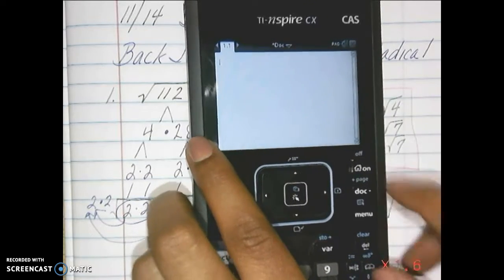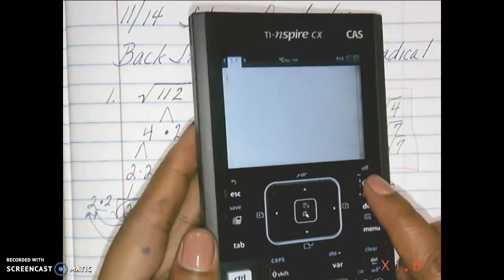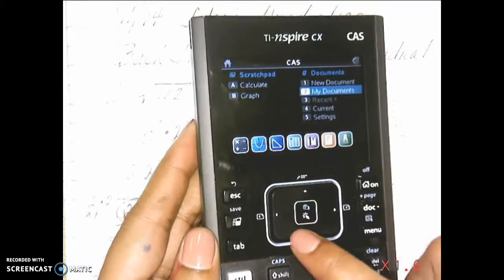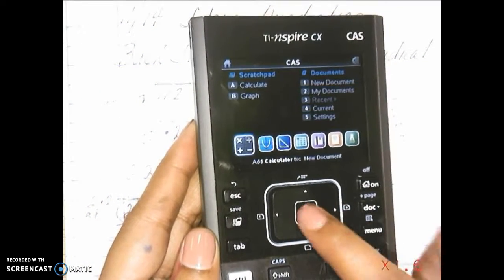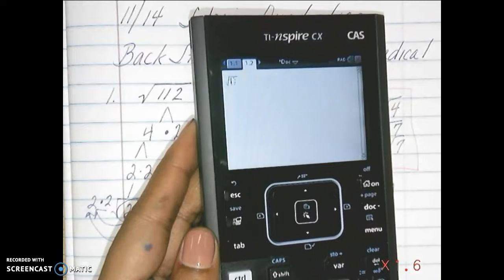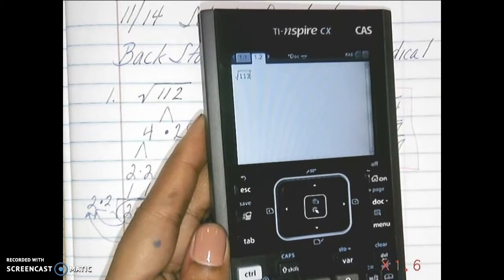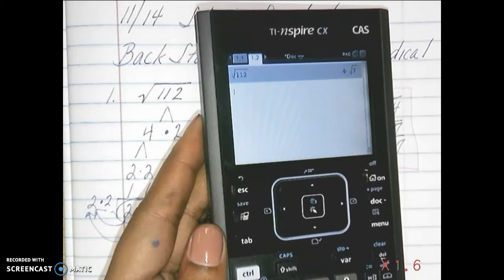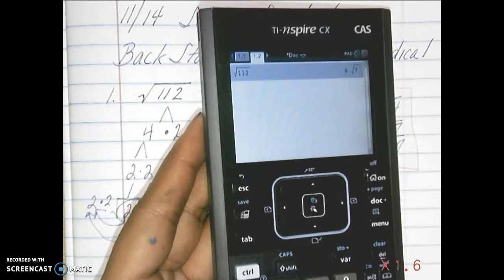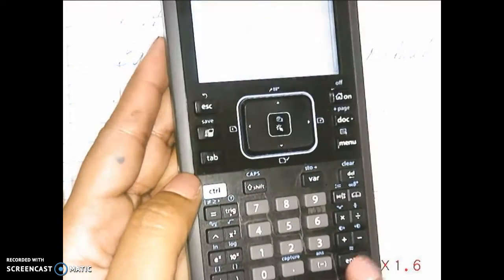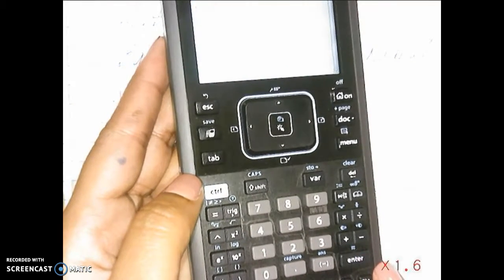When you type in the square root of 112, you get 4 square root 7. But let's say that we didn't know that. Right down in here, you have the approximate button right above enter, and it's in blue.